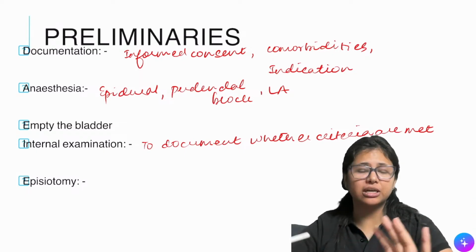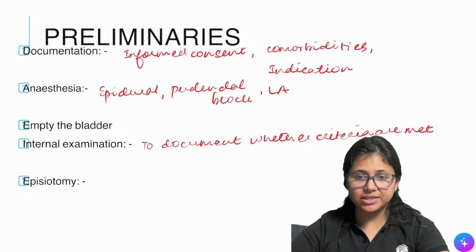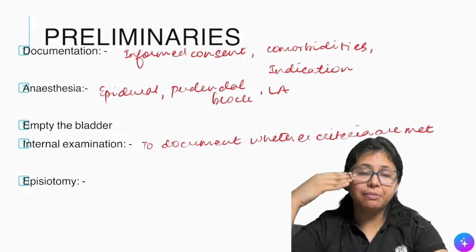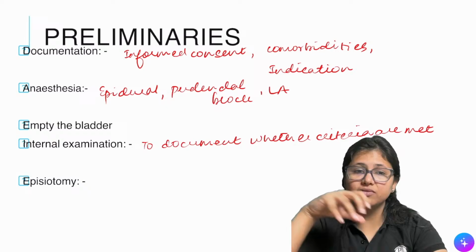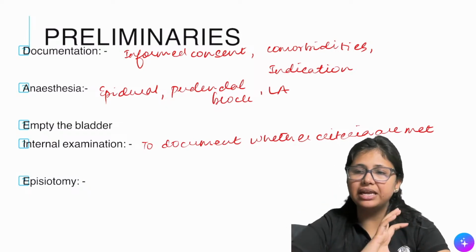Or your rotation is not complete, and you try to apply the forceps, you are going to have catastrophic consequences. Babies have been known to lose an eye because the forceps have been applied in the wrong place. So internal examination to document whether the criteria for forceps delivery are met or not.